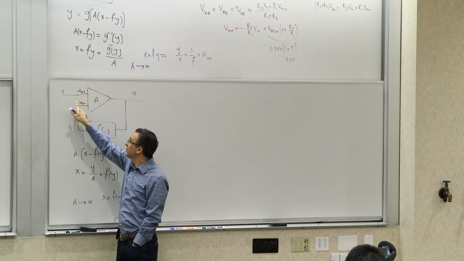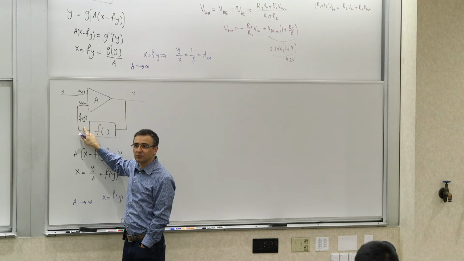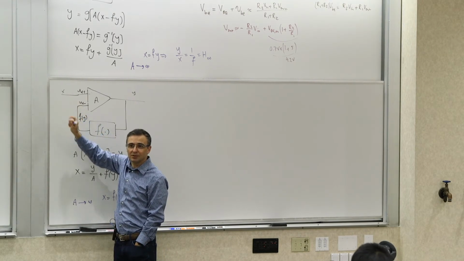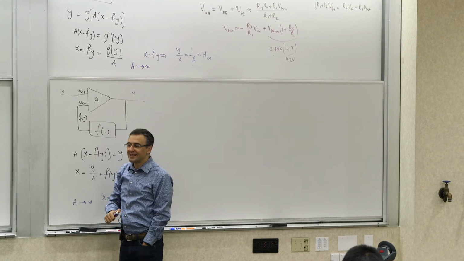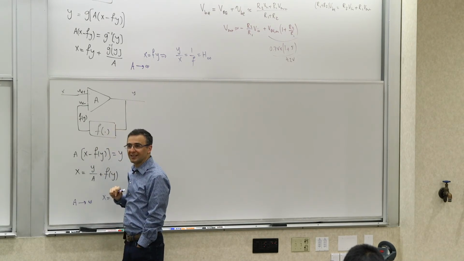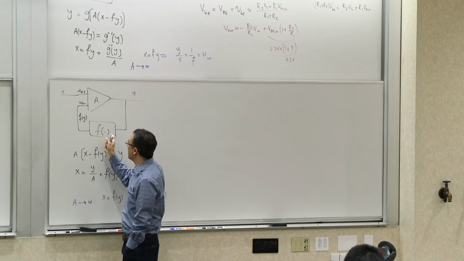So when the feedback forces the output of the feedback network to be equal to the input, then the input of the feedback network has to be the inverse of this function.